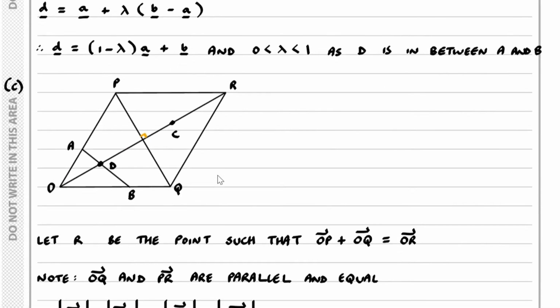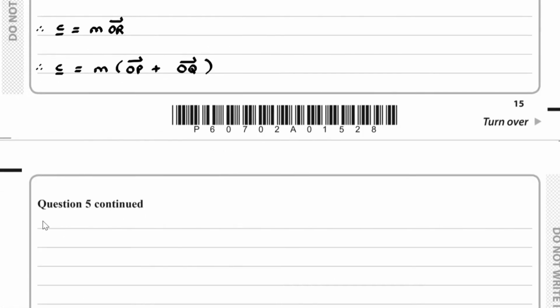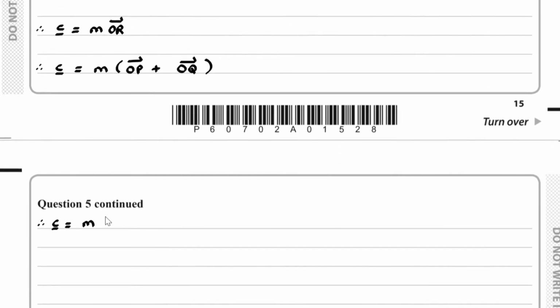So what we have here then is the vector C equaling some multiple, because it's in that direction, of the vector BA plus AB.